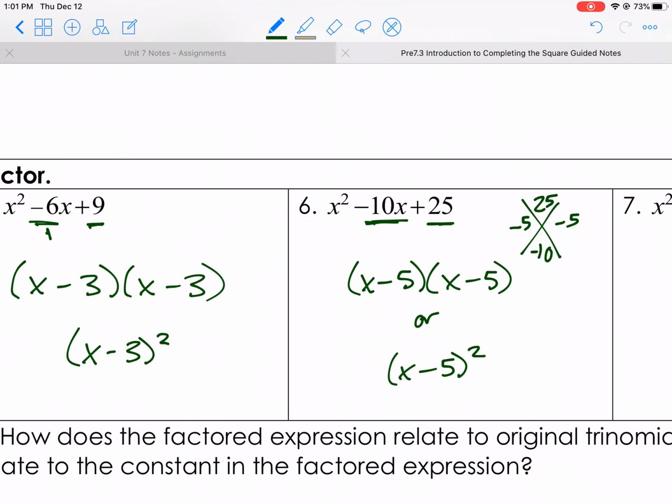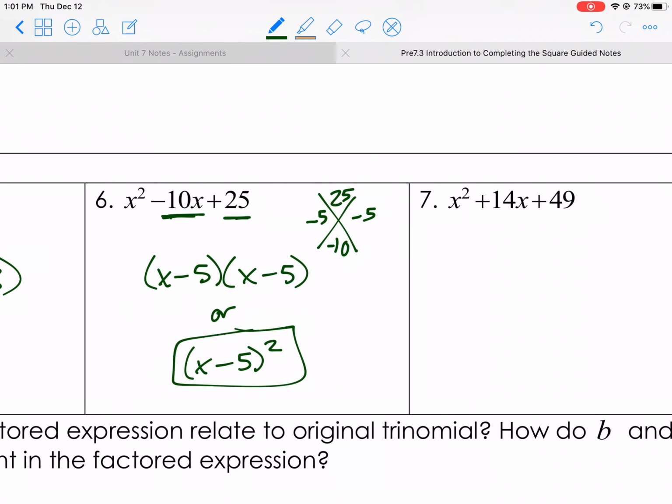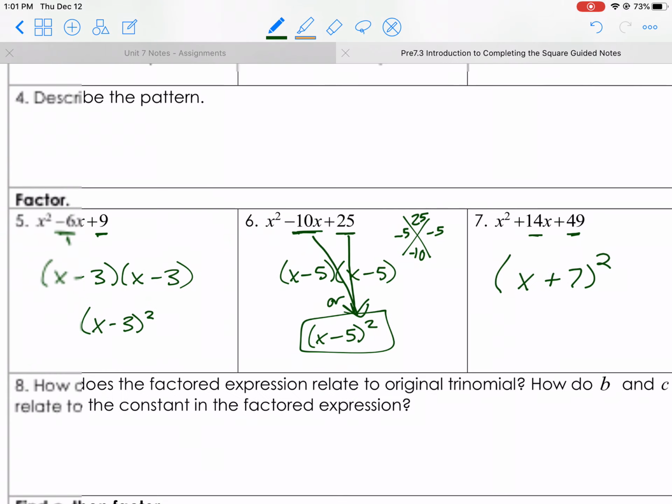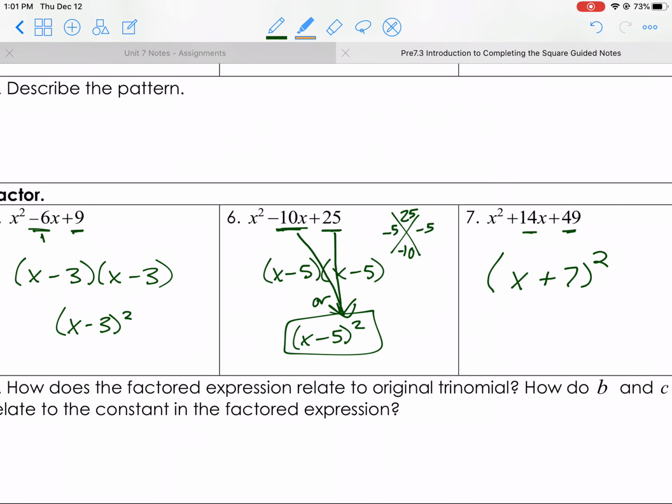Okay, based on the pattern, can we just jump to this last part on the final one? So see how I'm taking 5 is half of the negative 10, and it's the square root of 25. So in this one, the factor is going to be half of 14, which is also the square root of 49. As far as whether it's positive or negative, it's based on this middle term.